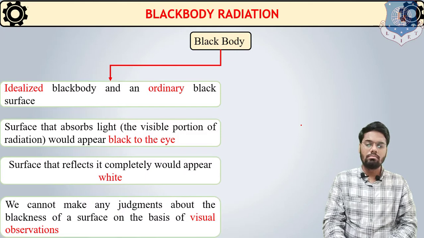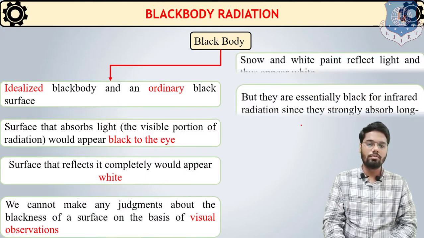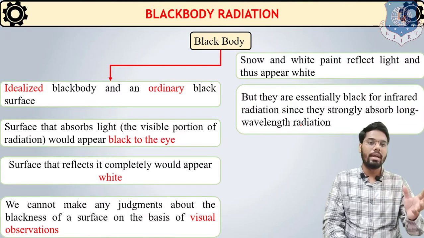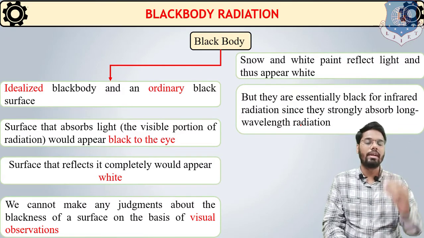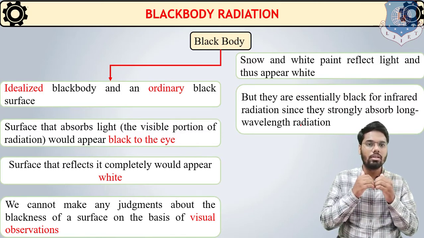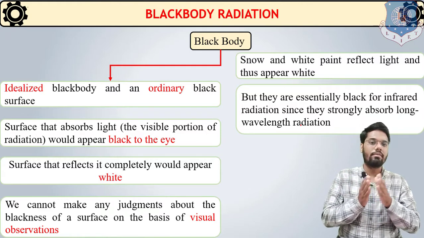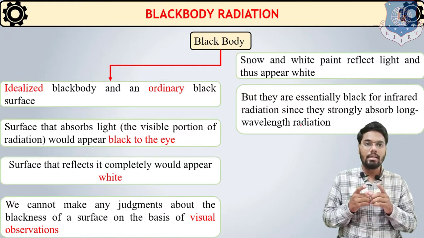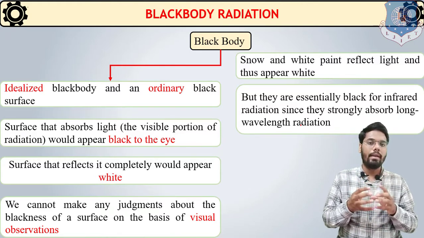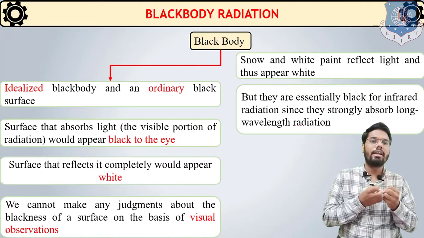We cannot make a judgment about the blackness of a surface on the basis of visual observation, because snow and white paint reflect light and thus appear white, as they reflect all the visible range of wavelengths from 0.4 to 0.76 micron. But the same snow and white paint absorb all the infrared radiation.